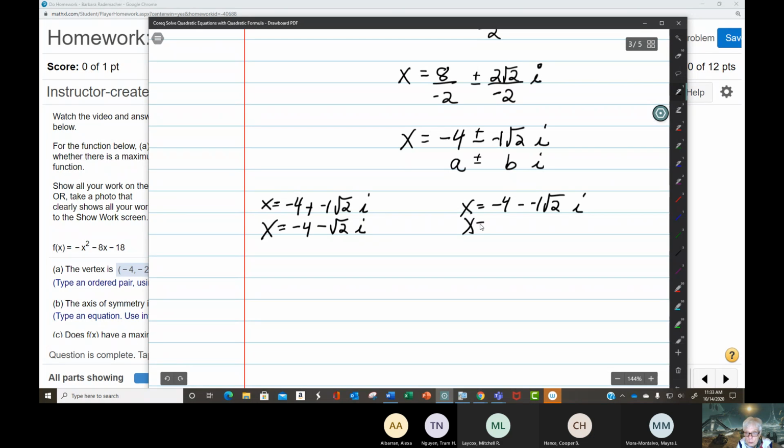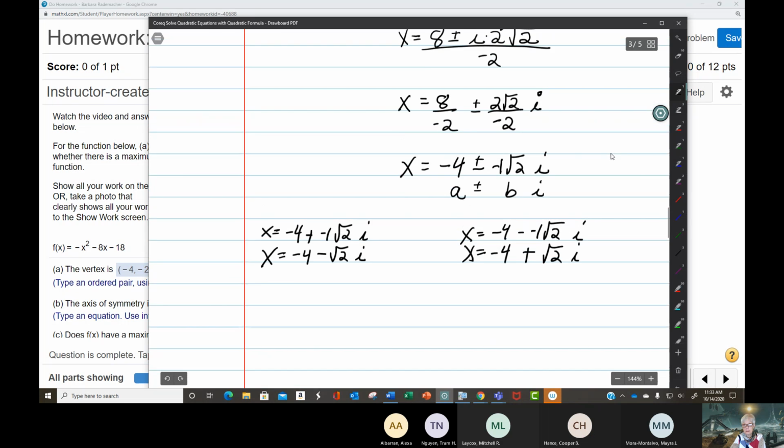And x equals negative 4 minus minus is plus the square root of 2i. These are complex conjugate zeros. Now, there are no x-intercepts, but there are complex conjugate zeros.